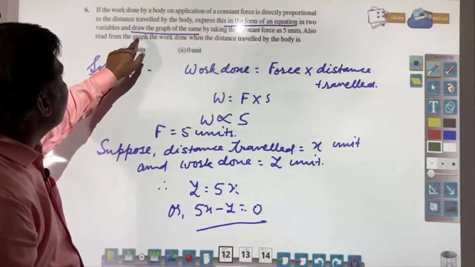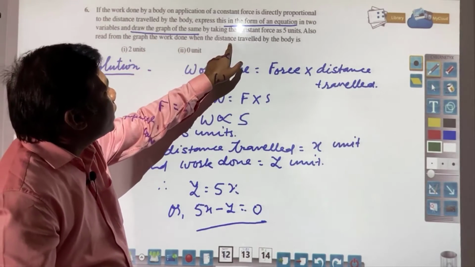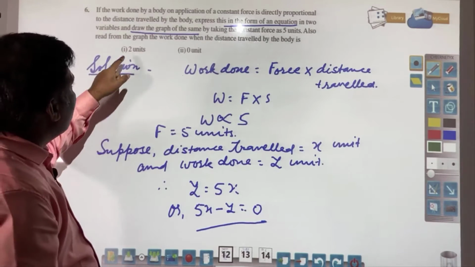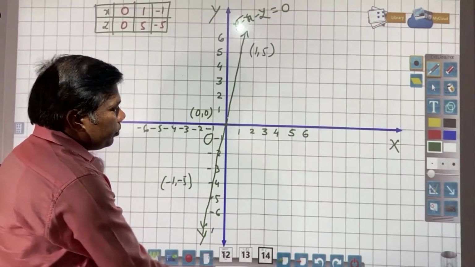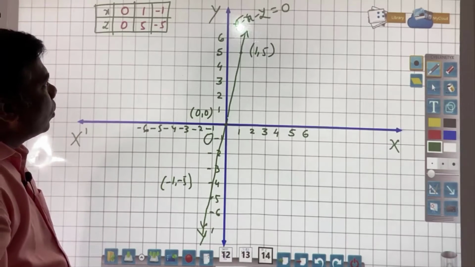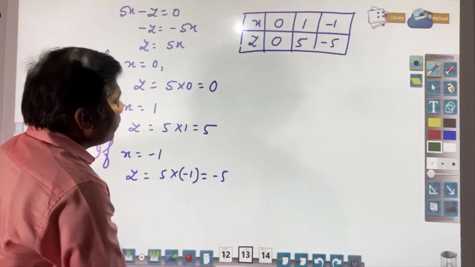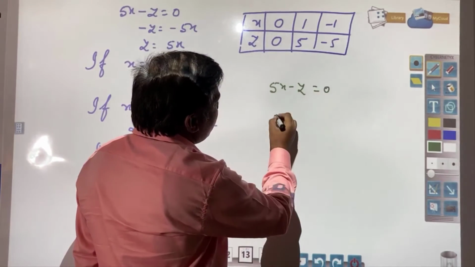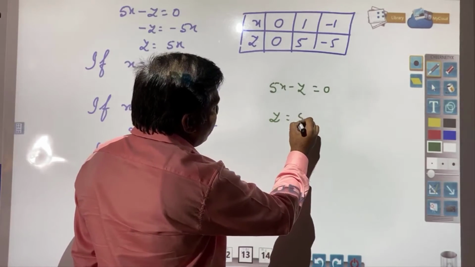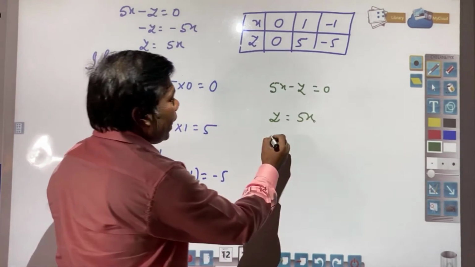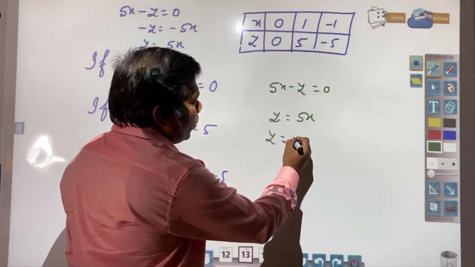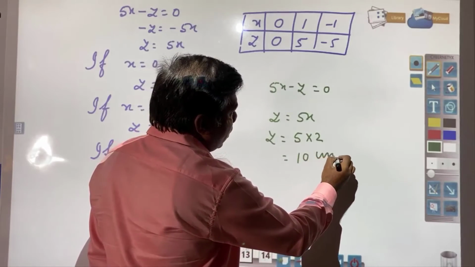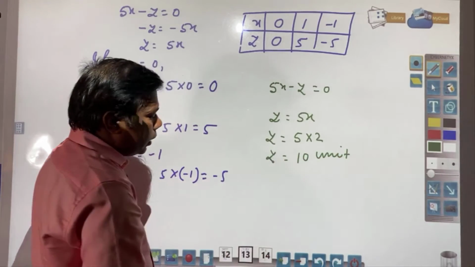Now, also read from the graph the work done when the distance travelled by the body is 2 units. When your distance travelled is 2 units, here you have 5x minus y is equal to 0, y is equal to 5x, and when distance travelled will be 2 units, in that case 5 into 2, it means 10 units, your y will be 10 units.